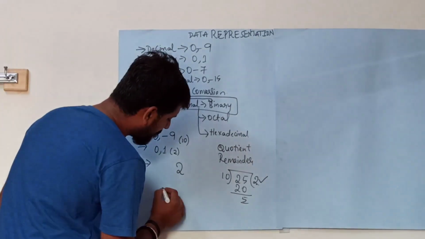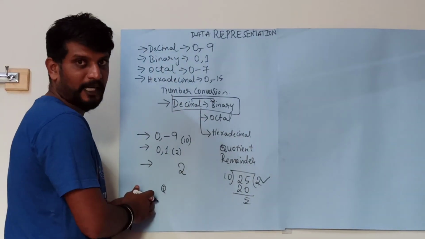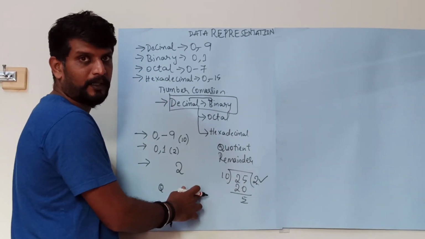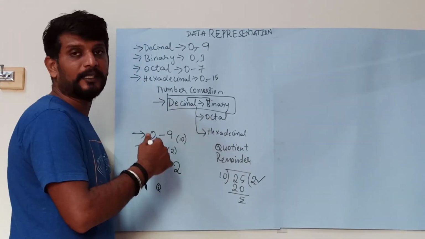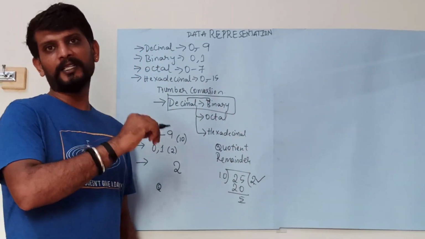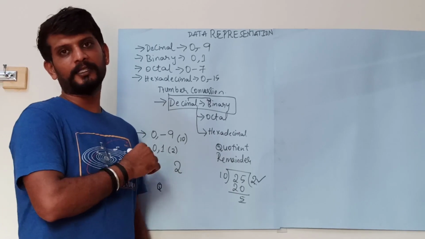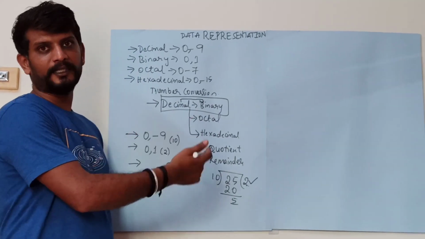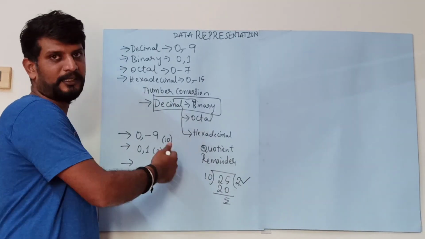You have to place the quotient on the left side, and you have to place the remainder on the right side. Okay, you should keep on doing the same procedure until the quotient becomes 1 or 0. Let me explain this practically.